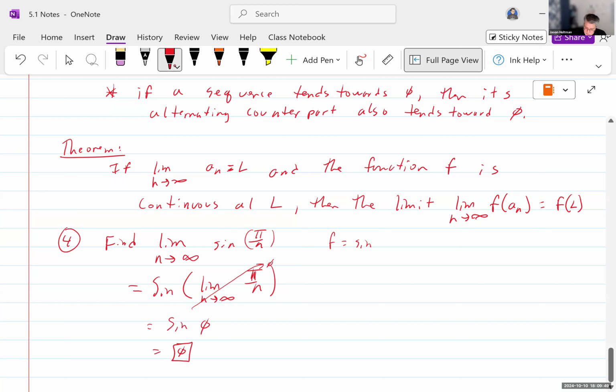So this function goes to 0 at infinity. Even though it keeps bouncing back and forth, it will kind of peter out. But we're only interested in these values at the integers, and it's getting closer and closer to 0.